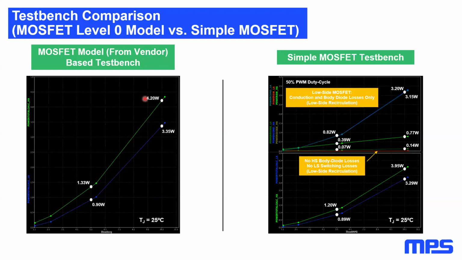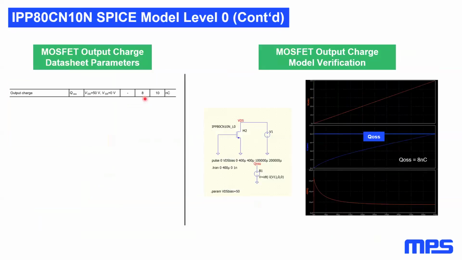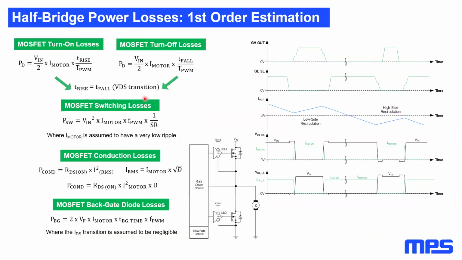Okay, the next one: in the MOSFET switching loss formula, there's a constraint that the current of the motor is assumed to have a very low ripple. If the current of the motor has high ripple, what is the change in the formula?